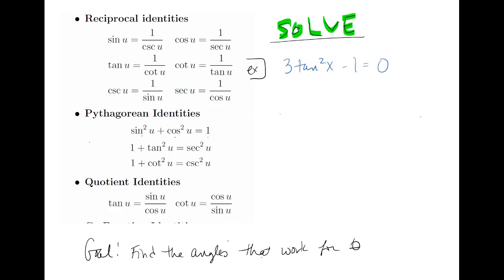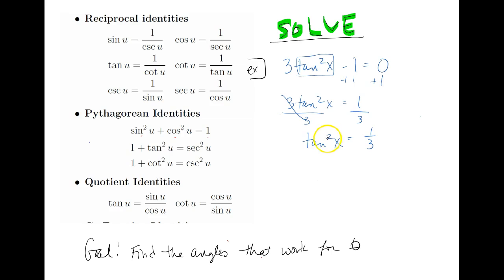Okay, so same kind of idea. We're trying to isolate the trig word. So I want to get this by itself. So my first step would be to add 1 to both sides. Then what? Well, then I divide off the coefficient. And this is where some people get a little weird.